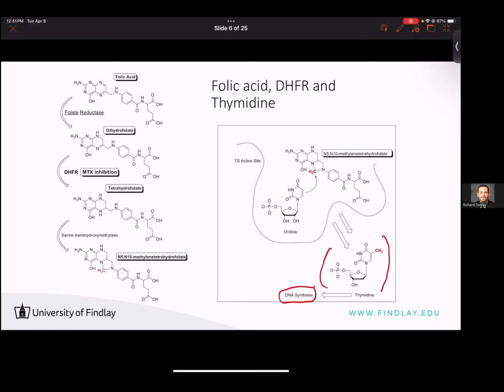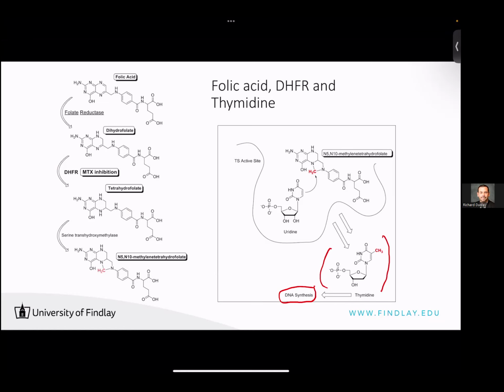Now, in the absence of methotrexate, when methotrexate isn't on board, we'll make N5N10 methylene tetrahydrofolate in adequate quantities. What this intermediate will do is it will actually work its way into the active site of this enzyme called thymidylate synthase. And along with N5N10 methylene tetrahydrofolate in the active site of thymidylate synthase is uridine.